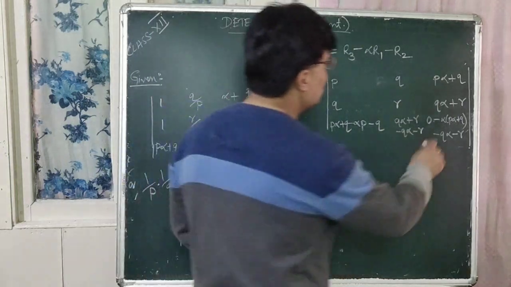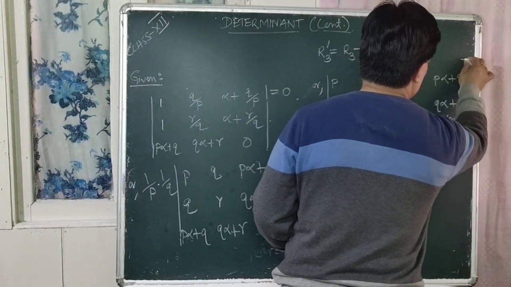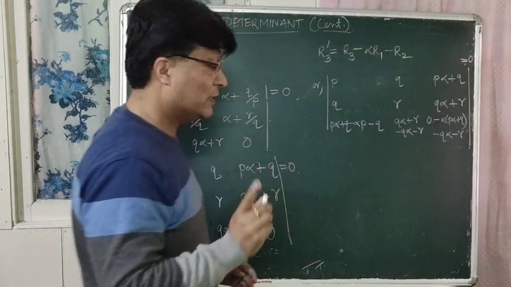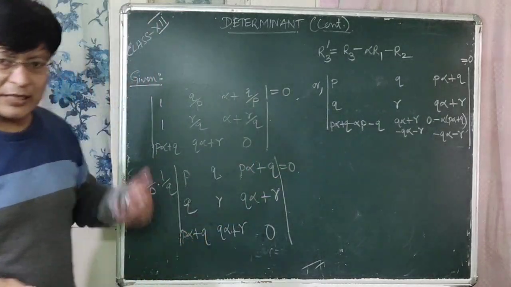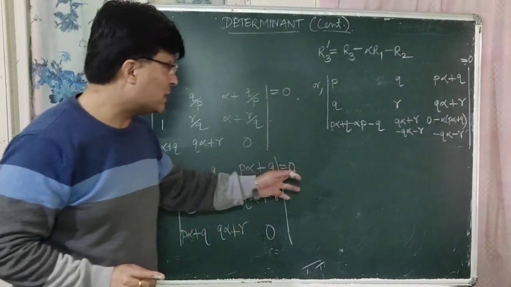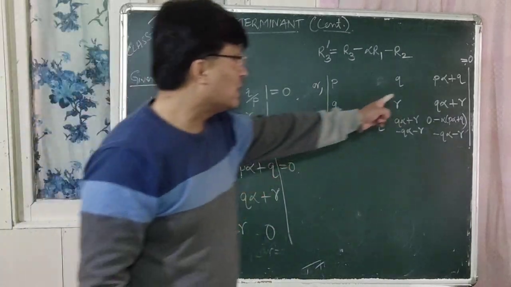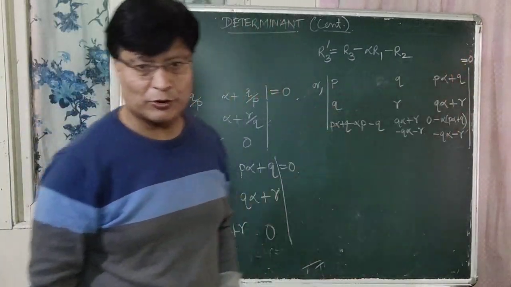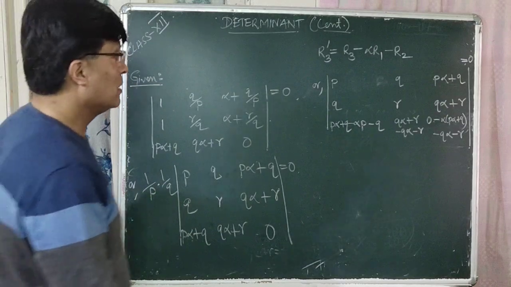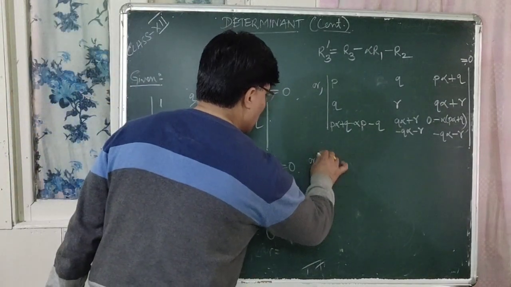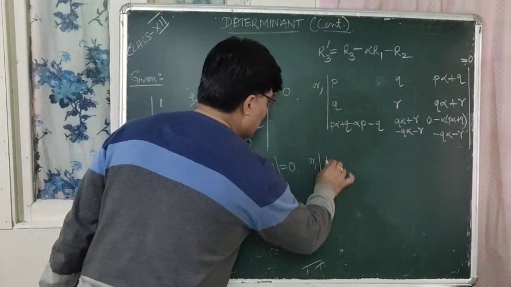You should write it is equal to 0 also, because this is an equation given in the question. This is the given part. So you should write this determinant is equal to 0. Now what is the first column here?